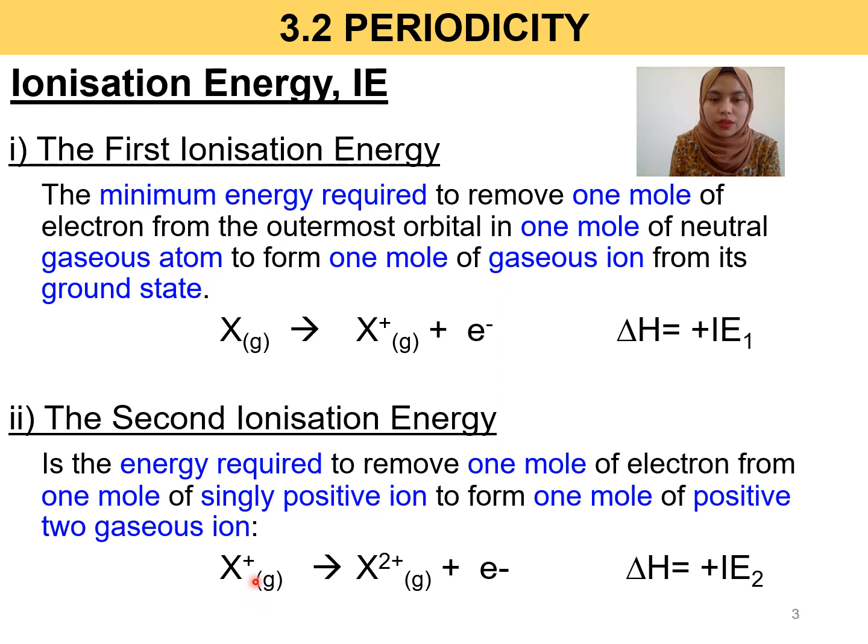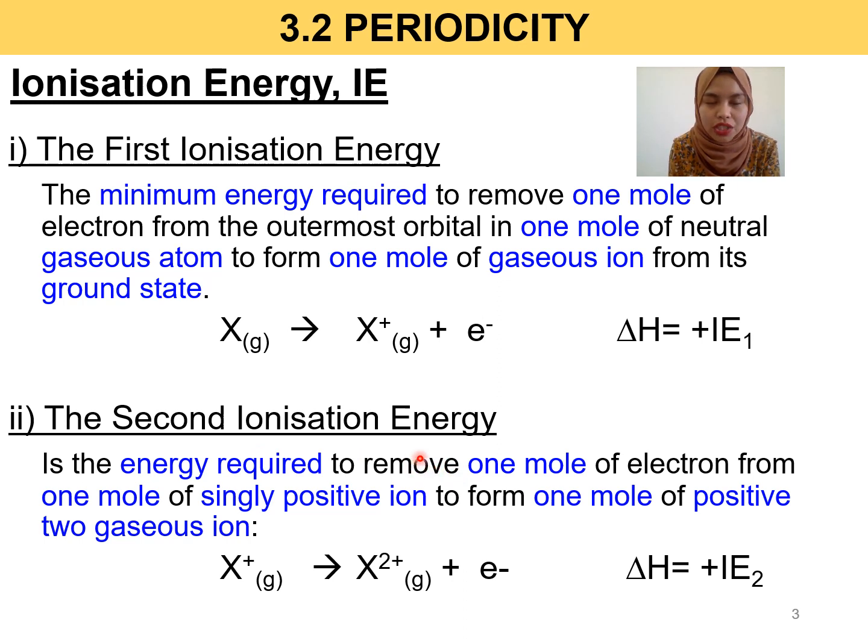Okay, so when you need energy to remove 1 mole of electron from 1 mole of singly positive ion, to form 1 mole of 2 plus gaseous ion, that is the second ionization energy.